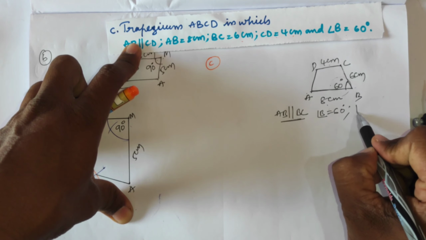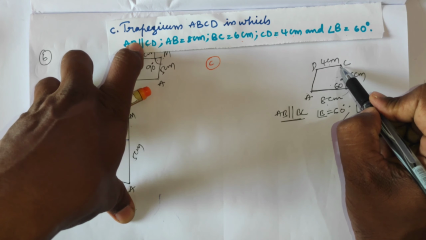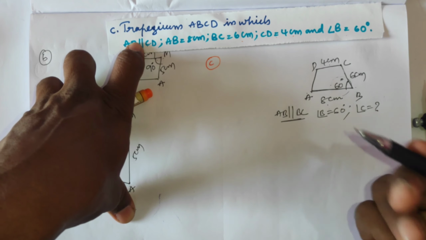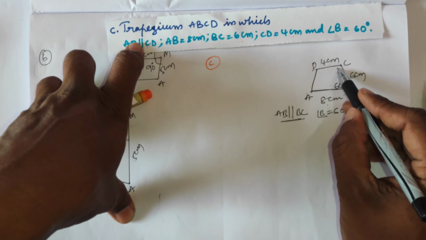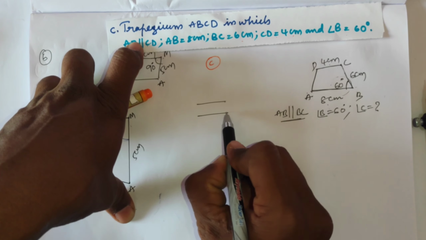Now we have to find what angle C is. If you know angle C, then only we can complete this construction. Otherwise, we cannot complete this one. So how will you find angle C? We know that, suppose it is a transversal line.